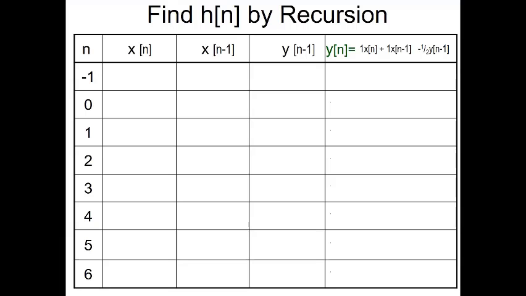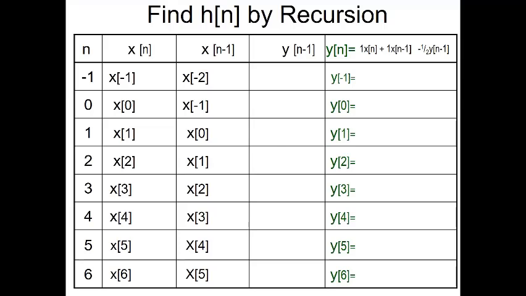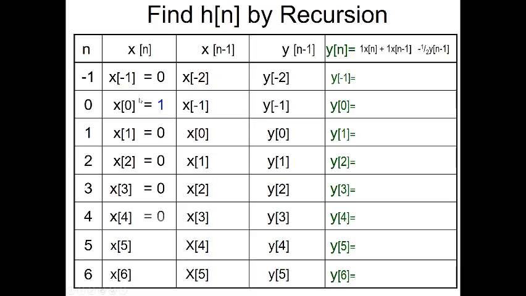Now, we found the answers by recursion, and again, we did this example previously. It's a little more complicated how we do the recursion when we have the feedback term, when we have a recursive system, because not only do we have our x sub n's and delayed versions of x of n, which would look the same as they were in the previous example, putting in a single delta sub n sequence puts 1 for x sub n at n equals 0. The x sub n minus 1 term then gets this one delayed one sample.